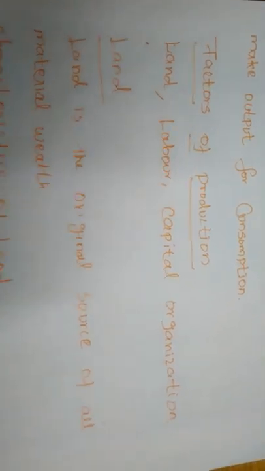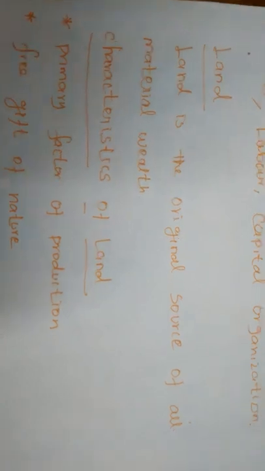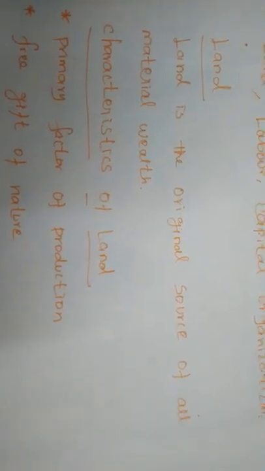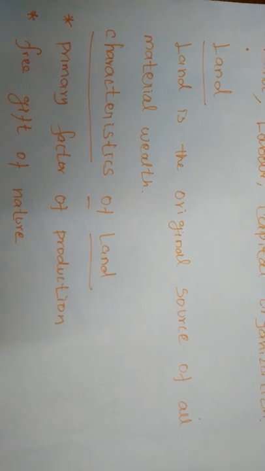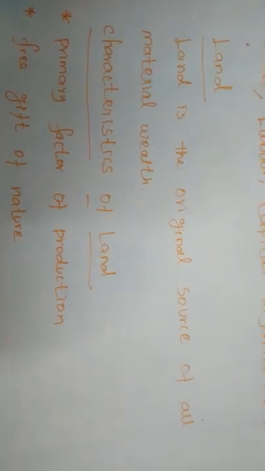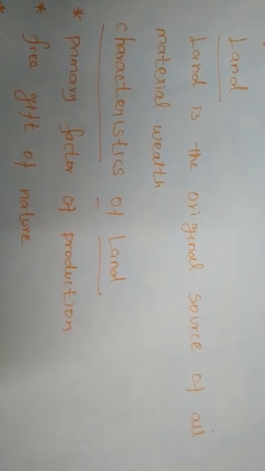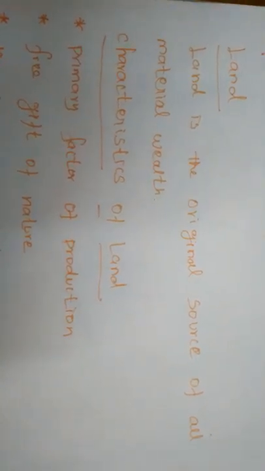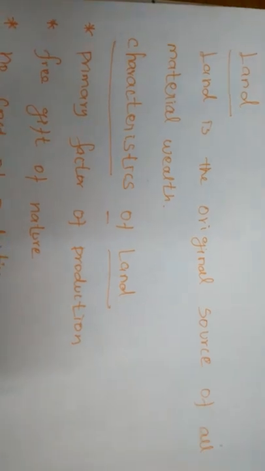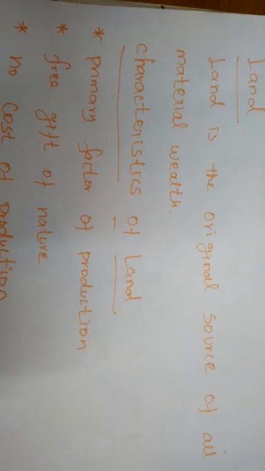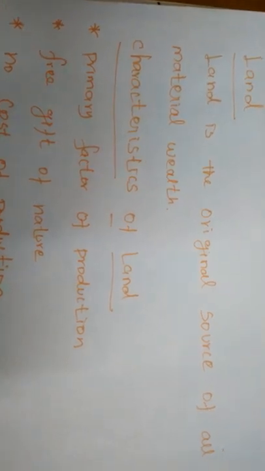Among these factors, last day we studied land. Land is the original source of all material wealth. Whether you take the agricultural sector or the industrial sector, land is very important. In the ordinary sense, land refers to the soil or the surface of the earth or ground. But in economics, land means all gifts of nature owned and controlled by human beings which yield an income.